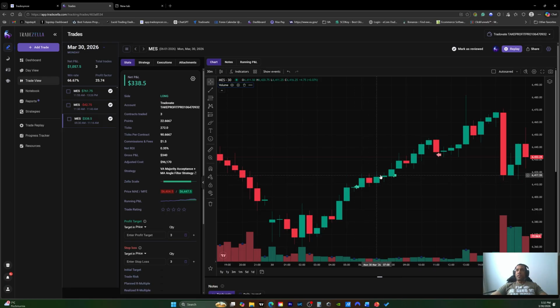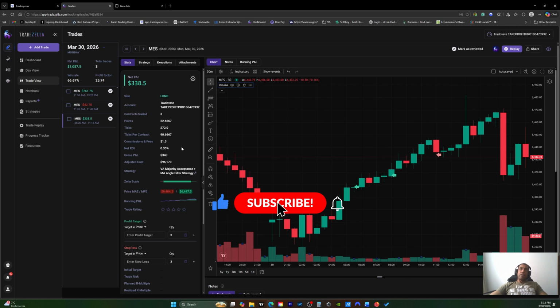See, I entered over here, added over there, and I was up all this much, and then got taken out of here. So I was up quite a bit on this one, over 500, and got taken out by this big candle because I was trailing a little more aggressive stop loss after I had already closed the other trades.